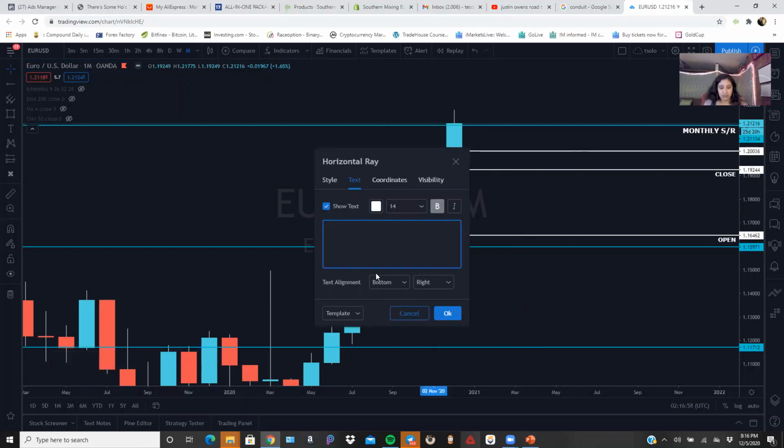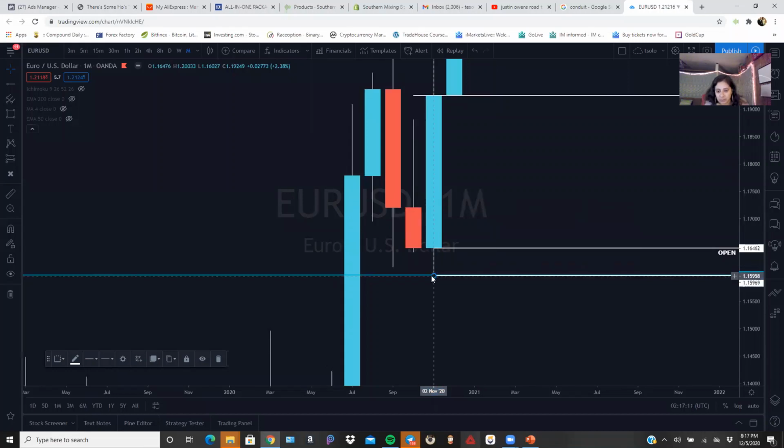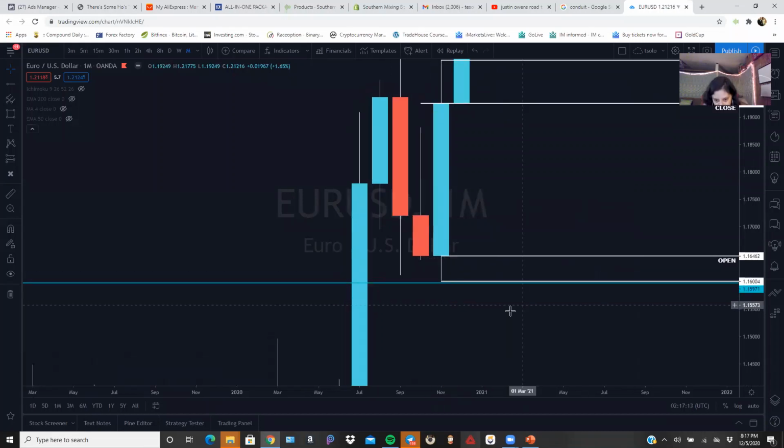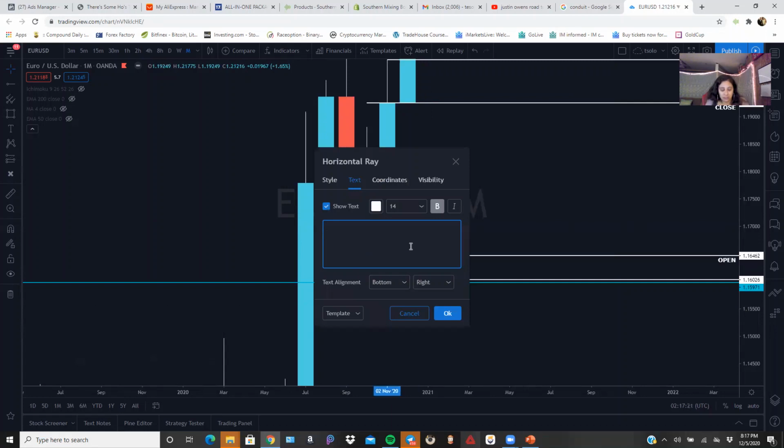Same thing is going to be for the low. The low is going to be at the bottom wick right here. Let's make that a little bigger because I can barely see it. Y'all know me, I wear glasses. All right, cool. So here we have the low.